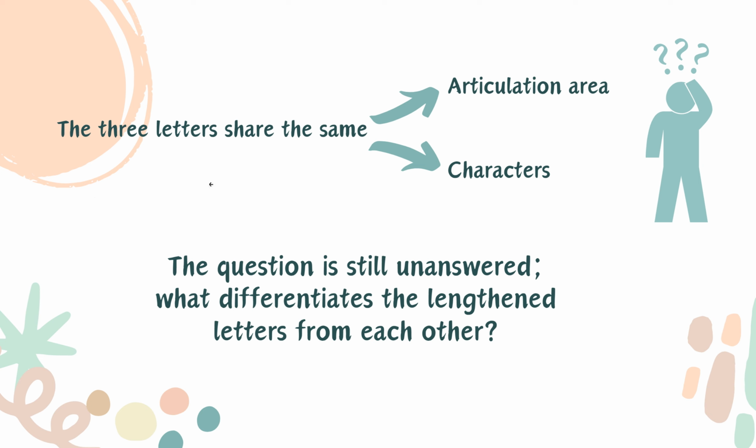So now we know the three letters share the same articulation area and they share the same characters. And the question is still unanswered. What differentiates the lengthened letters from each other? We still didn't have an answer.